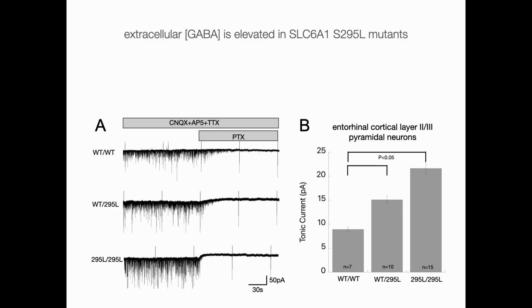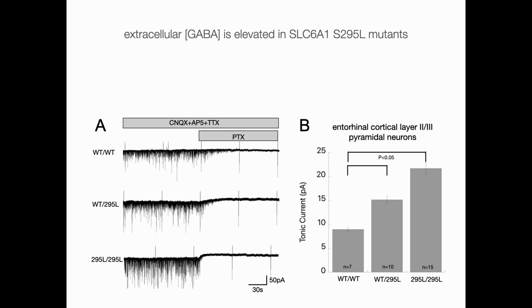We were looking at a certain age of animal in these experiments, recording from neurons in a certain place, and the results may be really different depending on the age of the animal and the brain region. But what we find is that B shows the GABA A current that's active tonically, which reflects the GABA concentration in the brain of the animals.